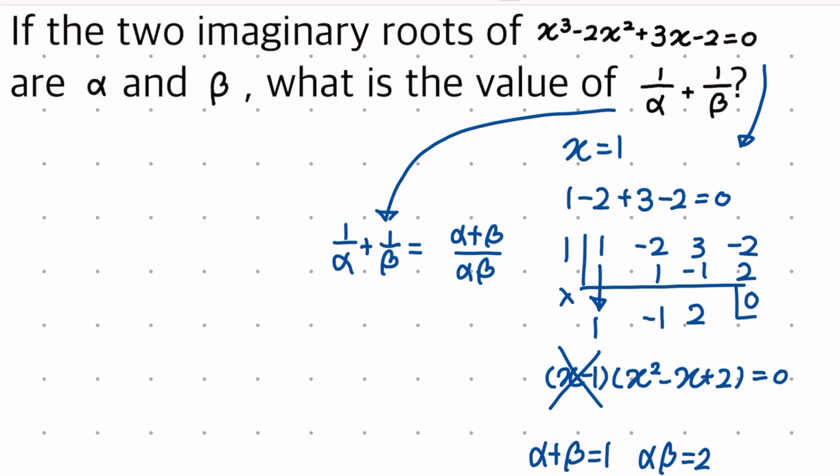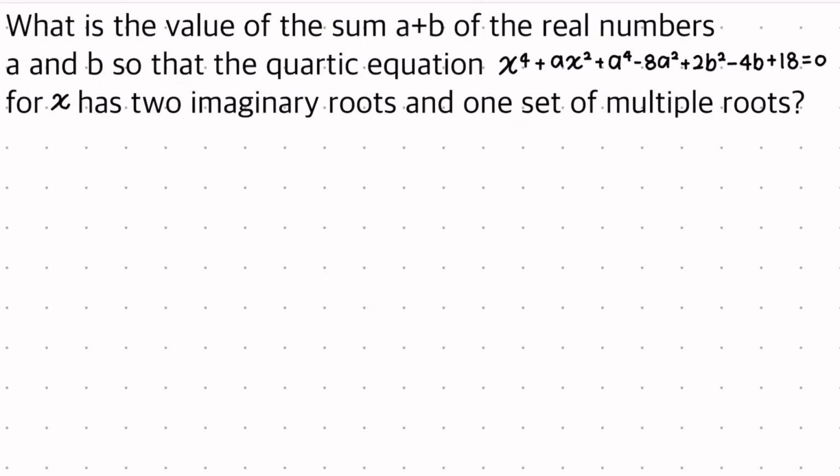If we plug in 1 and 2 into alpha plus beta over alpha beta, we get 1 over 2, which is 1/2. So we can say that the value of 1 over alpha plus 1 over beta equals 1/2.